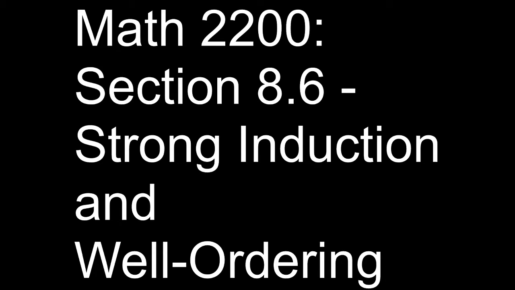This is section 8.6, titled Strong Induction and Well Ordering, or the Well Ordering Principle. We saw in sections 8.4 and 8.5 an introduction to the principle of mathematical induction, where you had to prove a statement about integers greater than or equal to 1 or 3 or whatever.